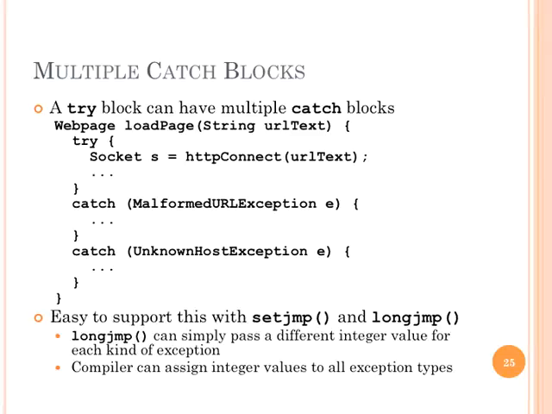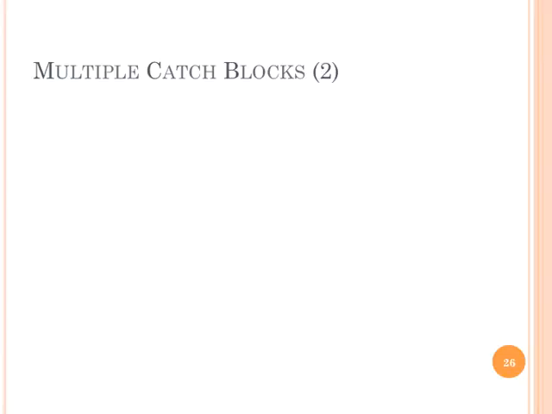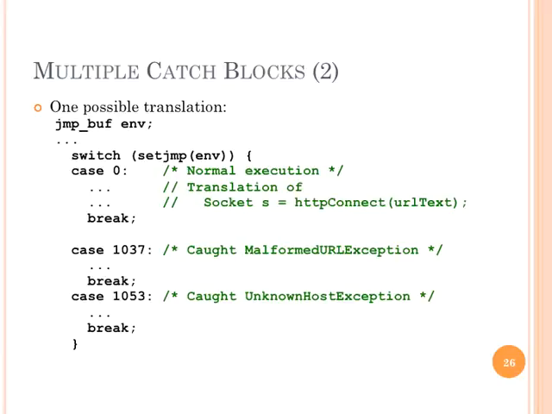We could just assign each exception type its own integer value representing that type. That way, on the setjmp side, we can just do a switch statement saying, if the result from setjmp is 0, do your normal thing. Otherwise, you can have an entry for each one of these catch blocks. So I have a little example of that. This is also a valid usage of setjmp.